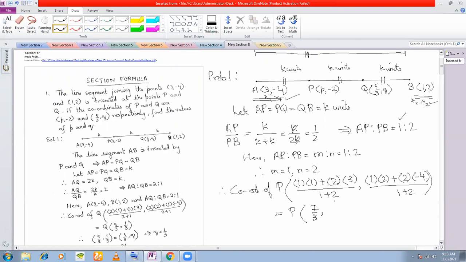And this is 2 minus 8, which is minus 6 by 3. Which you are getting this as P, 7 by 3, minus 2. This is what you are getting.